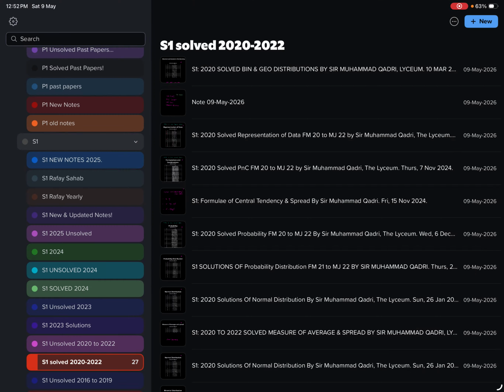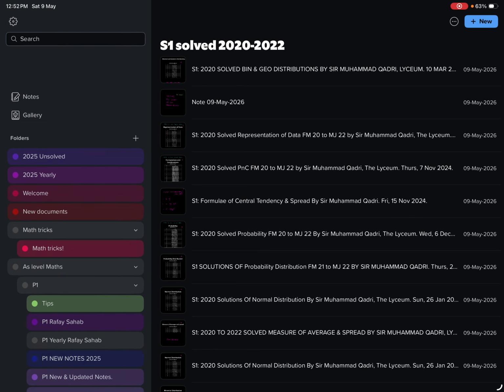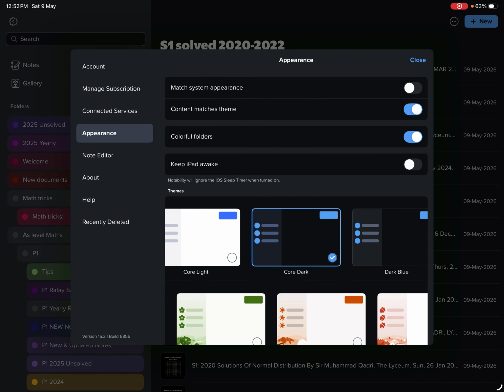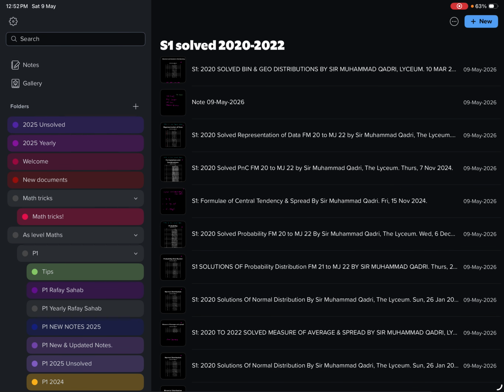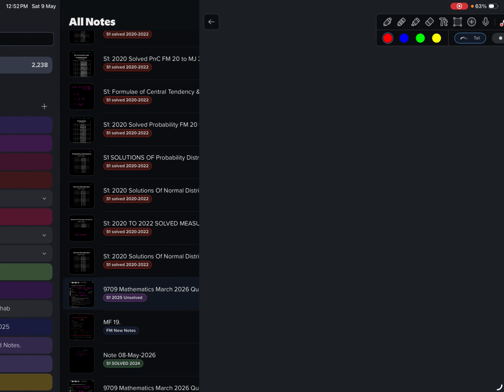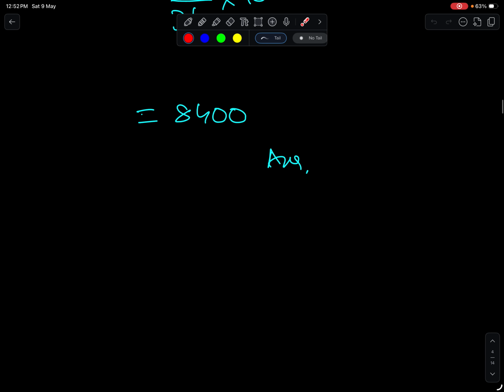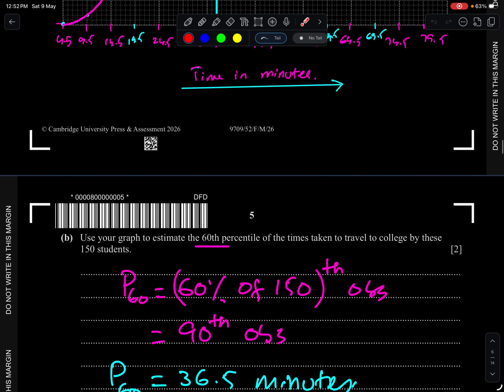Let me check one important question of geometric and binomial. I explained that question from the Feb March 2026 paper. Here it is. This is Feb March 2026.